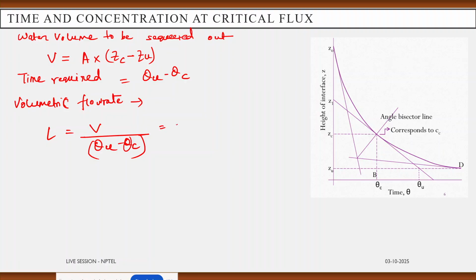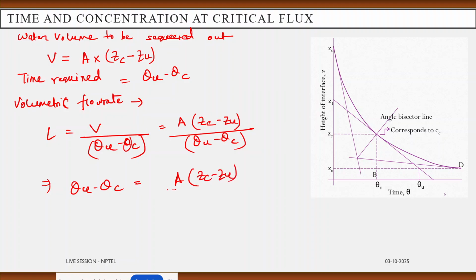From there V is already known, we can substitute this expression, right. So from there equals to by L. So in this equation we have some unknown quantity, that is theta U, we need to calculate.